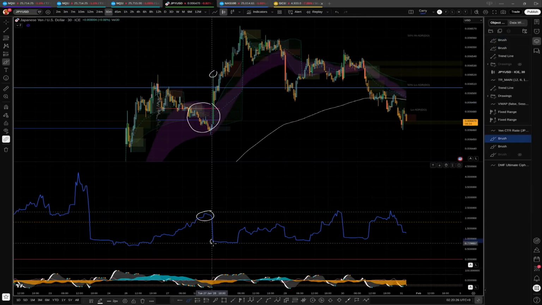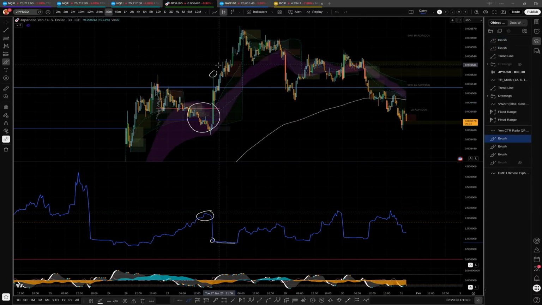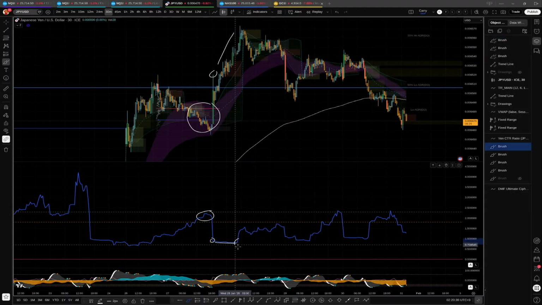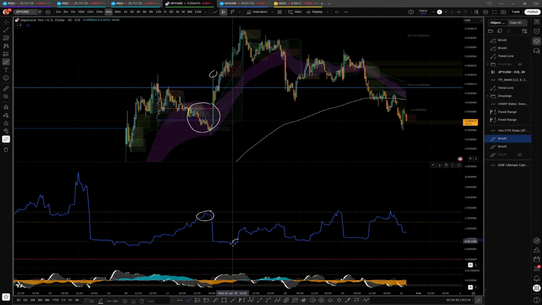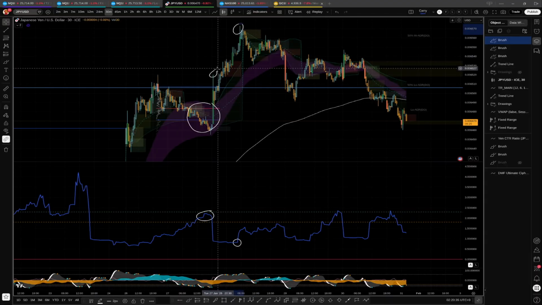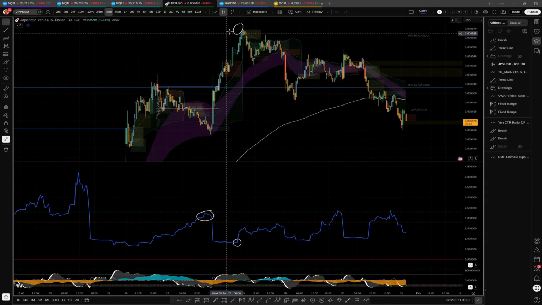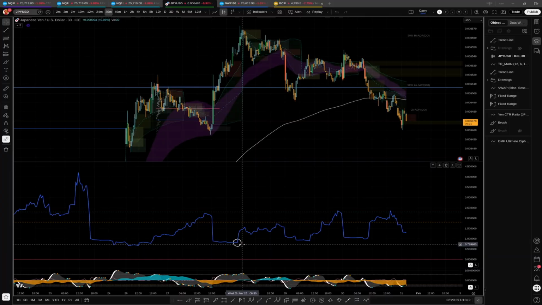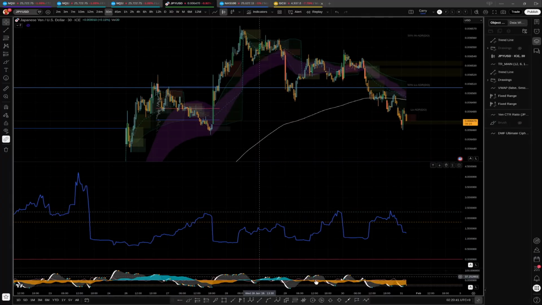Yes, granted, but the indicator also kept going down as price kept going up here, right? So I would say from here to here, I take a tool and I just mark a little arrow there.